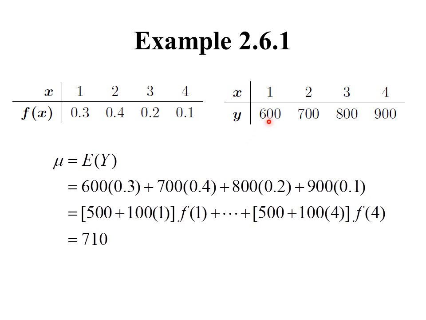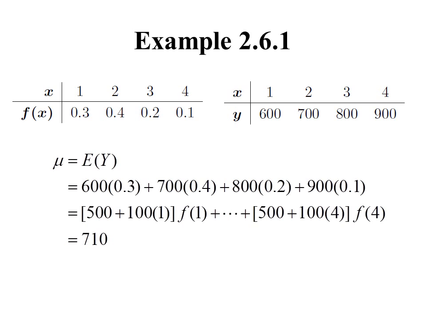Well, y equals 600 only when x equals 1. x equals 1 with probability 0.3, so we're going to take 600 times 0.3. Likewise, y equals 700 when x equals 2, x equals 2 with probability 0.4, and so we take 700 times 0.4, and so on and so forth. We add that up to get 710.